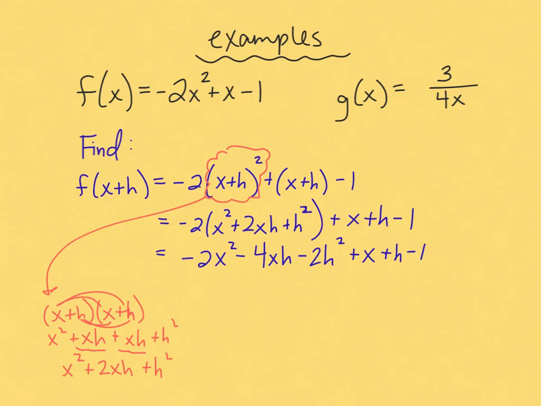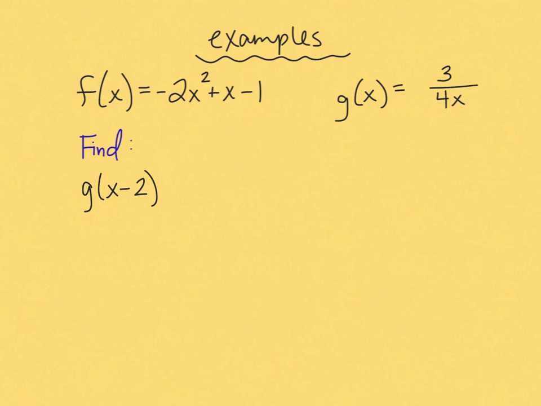And from here, we just want to see if we have any like terms. It seems pretty weird, and it is kind of. Again, before you get to calculus, you just stop here, but it'll make more sense once you hit calculus. However, there's no other x squared terms, no other xh, no other h squared, no other just plain x, just plain h, or no other constants. So this is actually our very strange final answer.